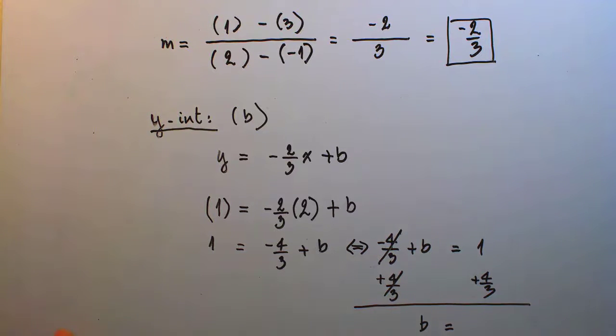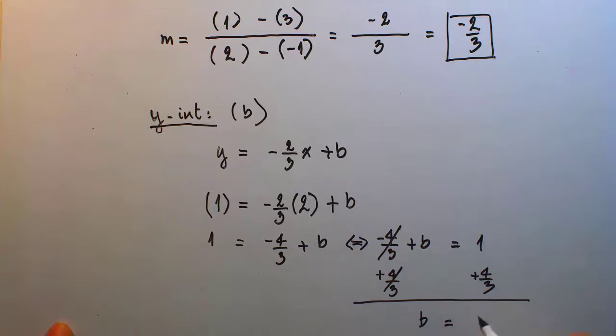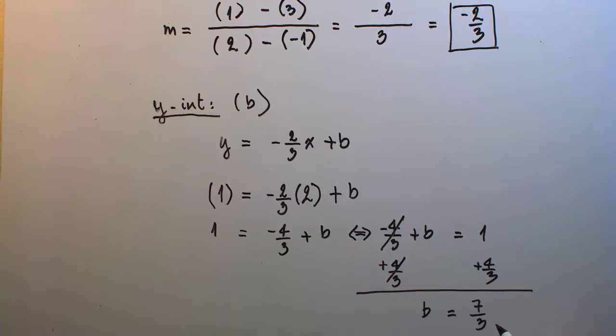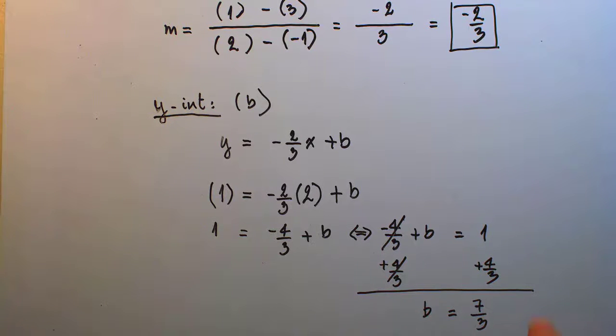Doing a little math, 1 plus 4/3 gives me 7/3. Anyone viewing this video should be fluent with adding or subtracting fractions, so allow me to skip explaining how we add 1 with 4/3 to become 7/3. But that is now our y-intercept value.